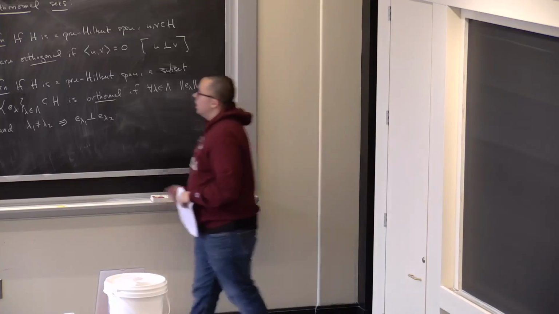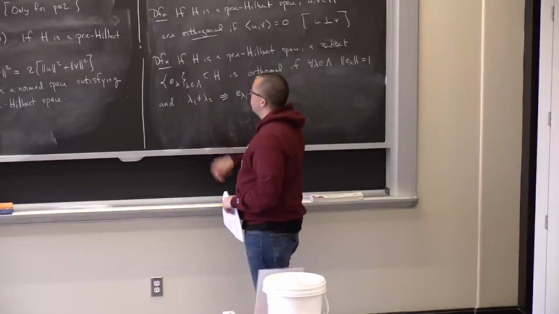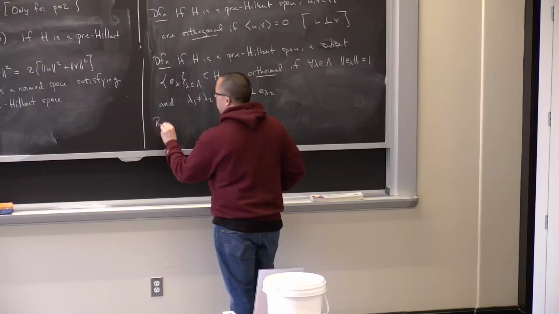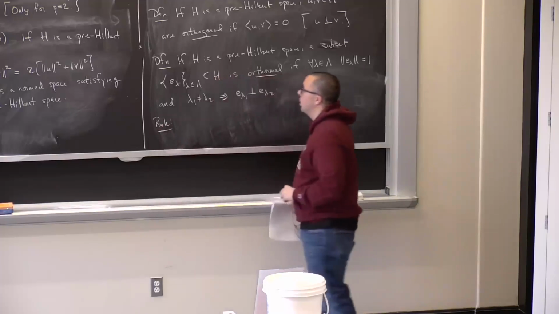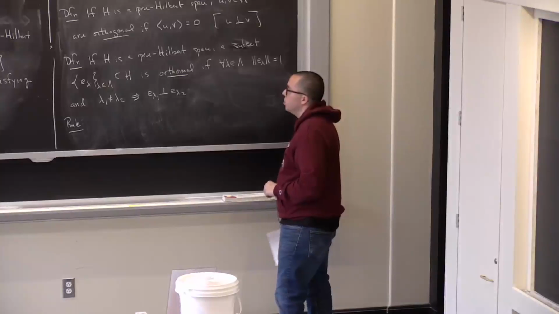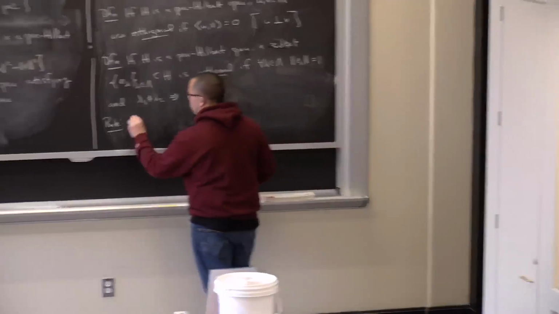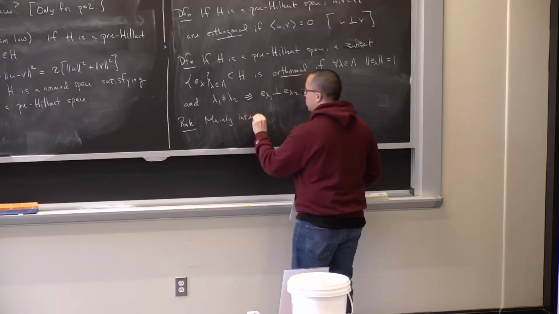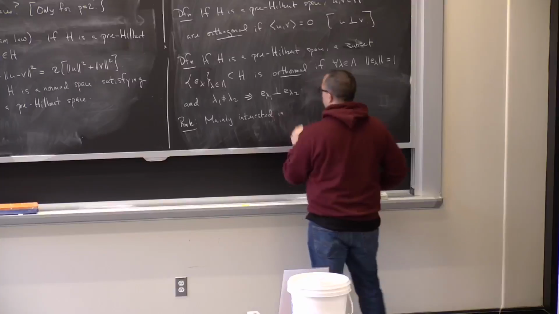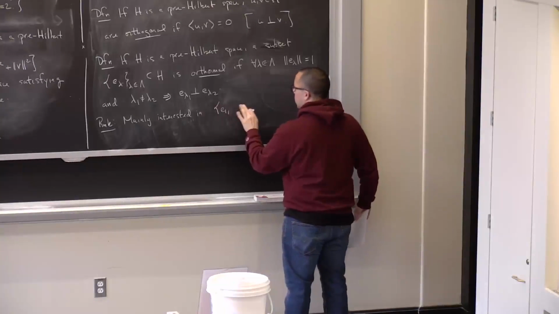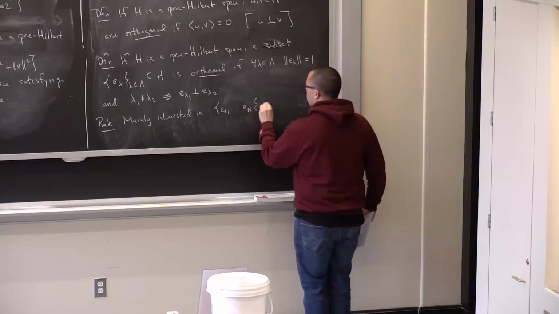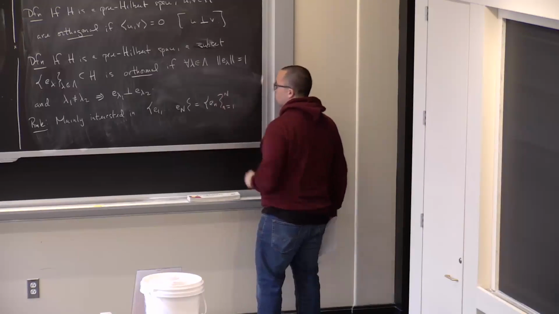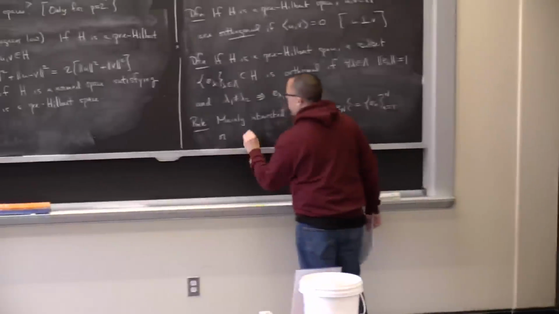So maybe this notation scares you, because what's this indexing set? Typically, we just use the natural numbers, so let me just make that remark, although I'll make a few remarks in general about orthonormal sets that are not necessarily indexed by the natural numbers. We'll mainly be interested in a finite set or a countably infinite set.